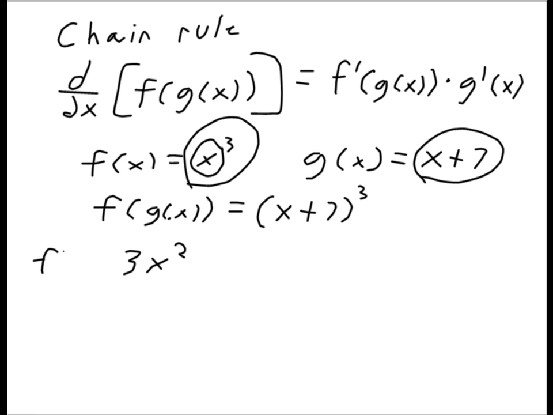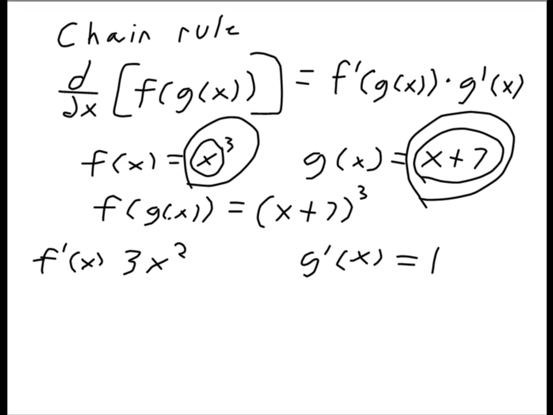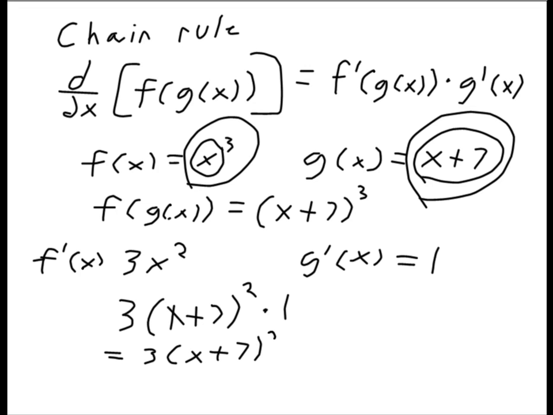Well, g prime of x, the derivative of this function over here, is simply 1. So the derivative of f of g of x is going to be f prime of g of x, which is 3 times (x plus 7) squared, times g prime of x, which is 1. So it's simply 3 times (x plus 7) squared.